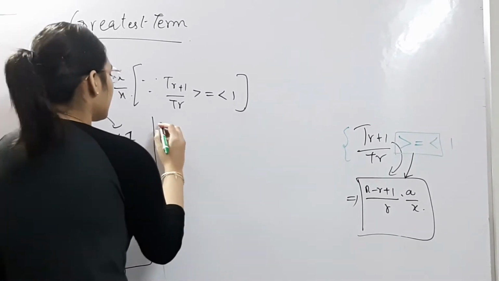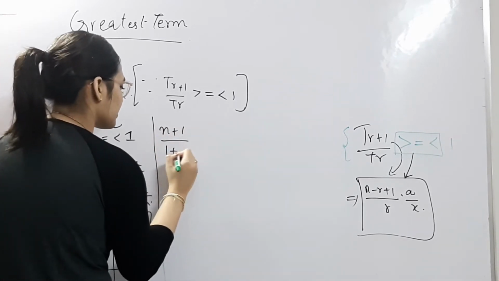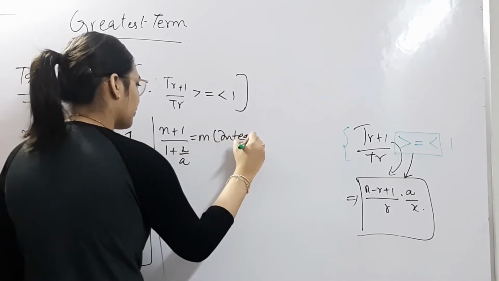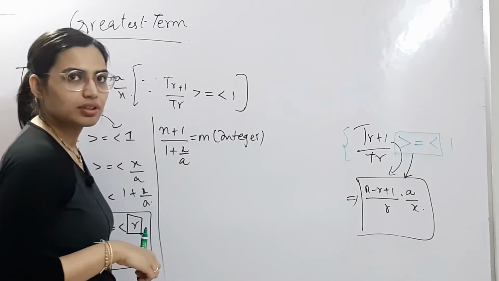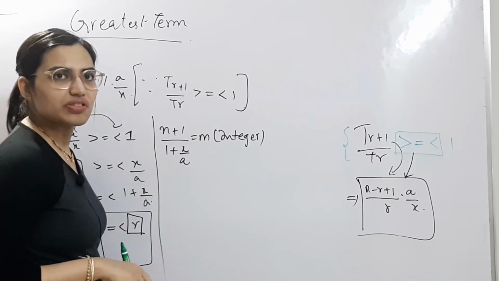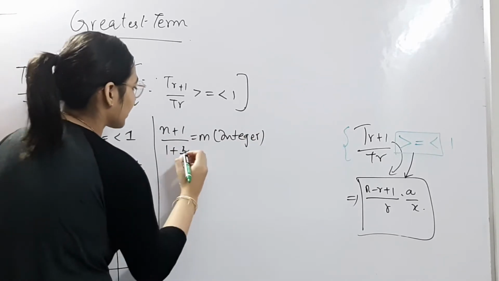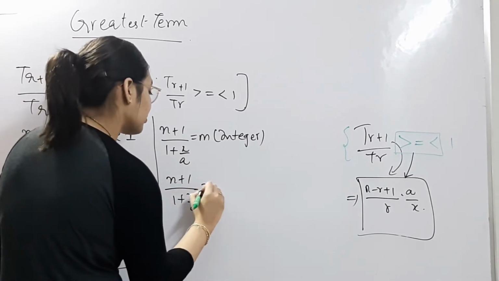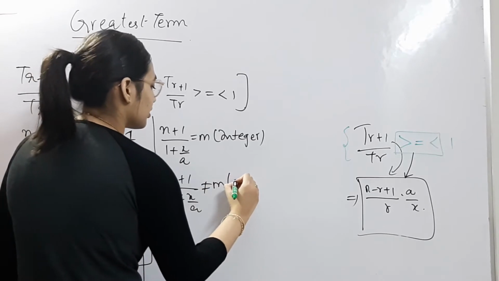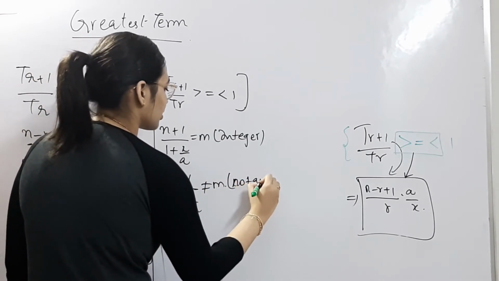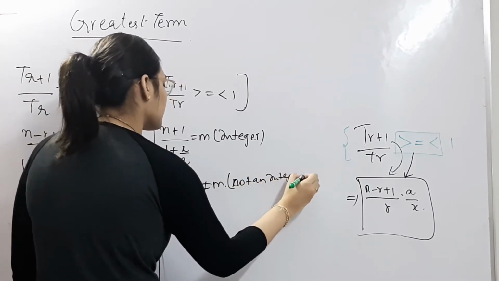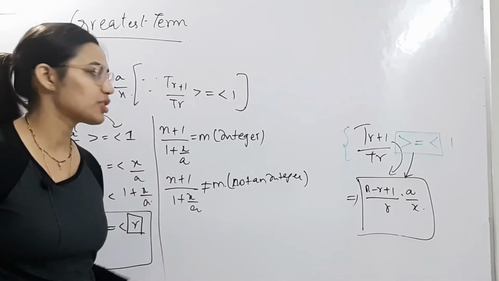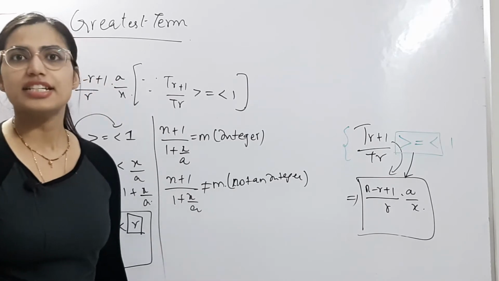What is that? (n+1)/(1+x/a) can be an integer. That means these 2 are perfectly divisible by each other, and you will be getting one integer out of it. And (n+1)/(1+x/a) can not be an integer. So there are 2 values that you might get when you divide: you might get an integer and you might not get an integer.